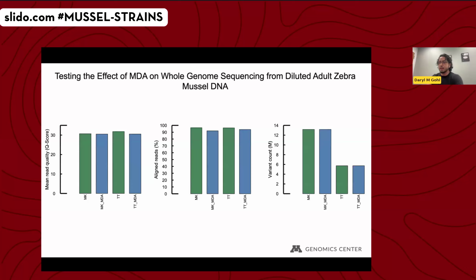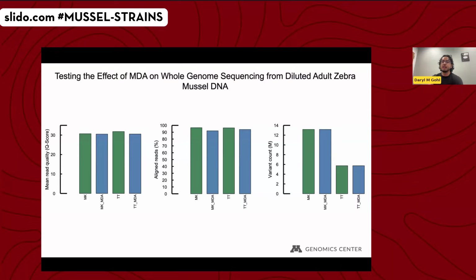And the samples that we treated with MDA, shown here in blue, display good sequencing quality scores. And also the percent of mapped reads for these samples was bigger than 90%, which means that most of the reads, or most of the data generated in this sequencing experiment, aligned with the reference genome.